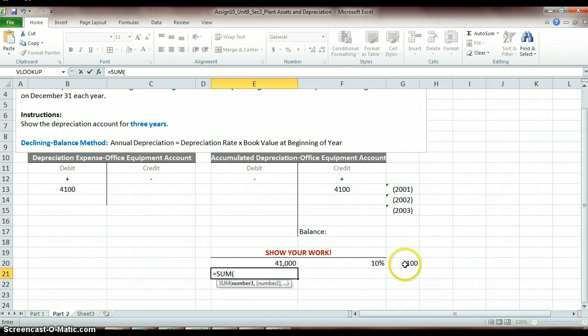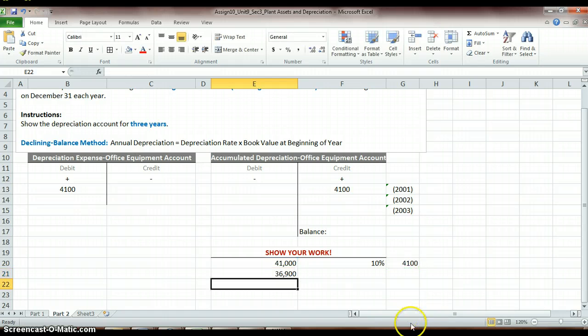So I'm going to subtract what depreciated that year from what the value was at the beginning of the year. So here's my original value. I'm going to subtract how much it depreciated. So then I know that the value I'm starting with in 2002 is $36,900.